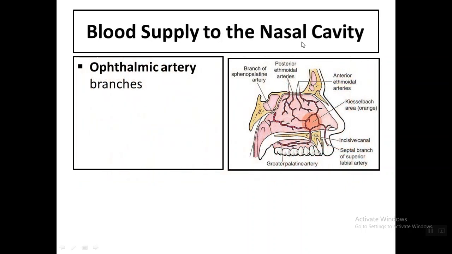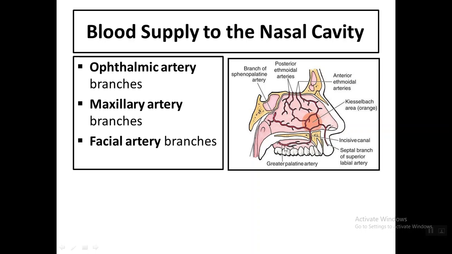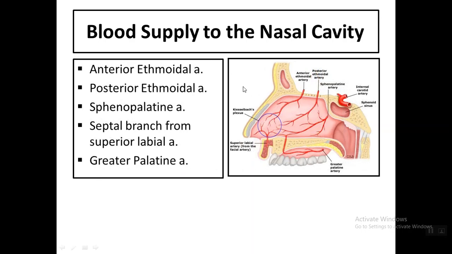This is the blood supply of the nasal cavity. It is important. It is derived from branches of the ophthalmic artery, branches of the maxillary artery, and branches ascending from the facial artery. These are branches from the ophthalmic artery: the anterior ethmoidal and posterior ethmoidal arteries.